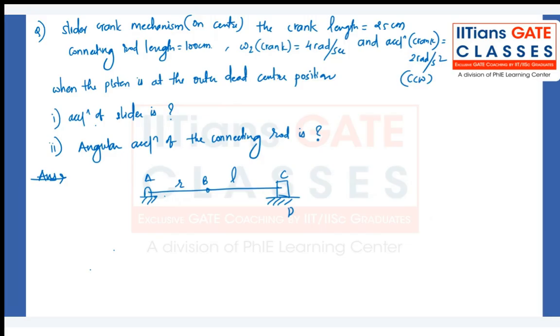So omega 2 is the angular velocity of the crank. Omega 3 is the angular velocity of the connecting rod. If I talk about point B, R omega 2 is equal to, what is the velocity diagram in this case, first of all?